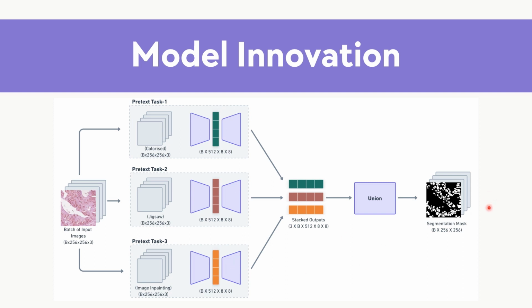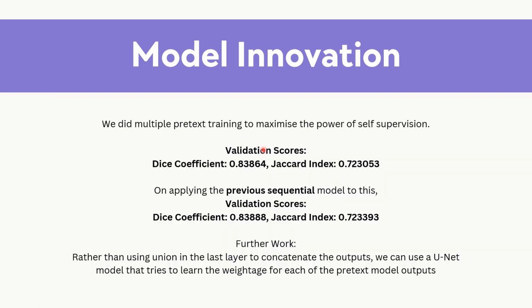On this final result we applied the previous sequential model to get the results even better. While doing this, we were able to get a dice coefficient of 0.8386 and a Jaccard index of 0.7230. When we applied the sequential model to it, the accuracy increased a little bit, which is expected.